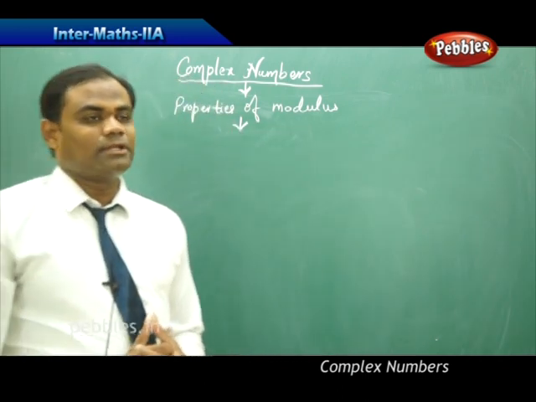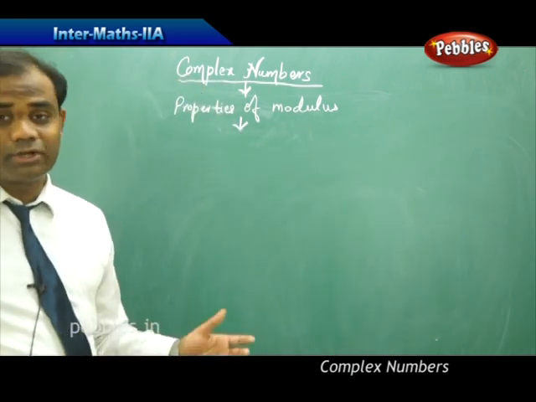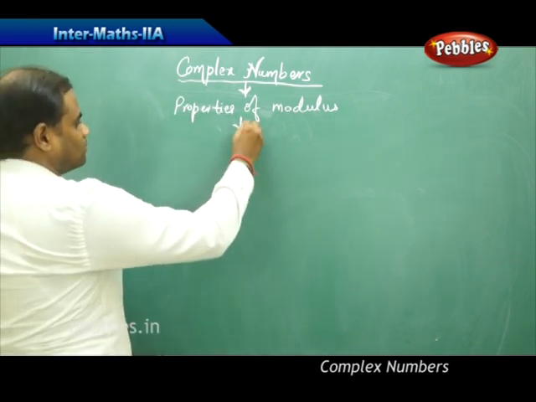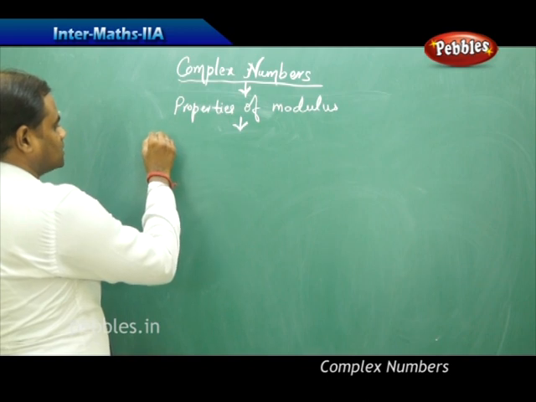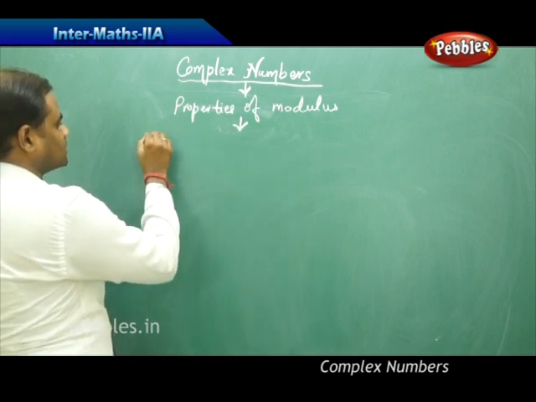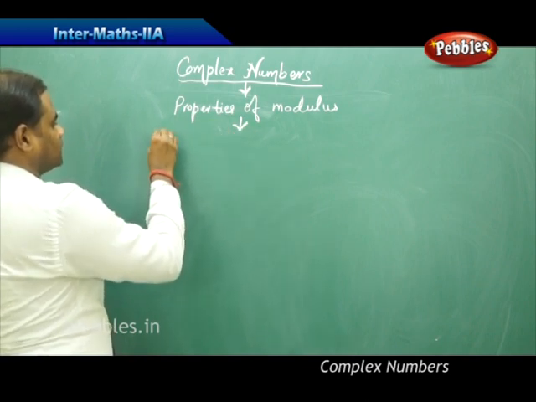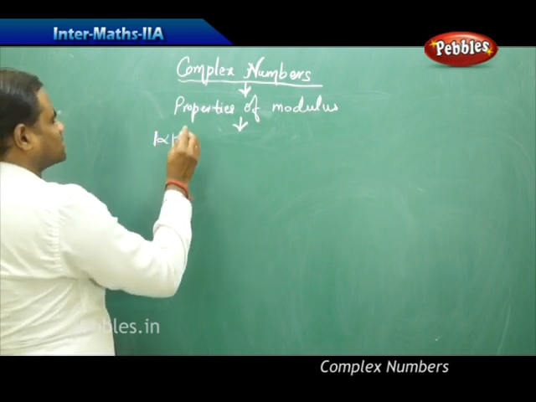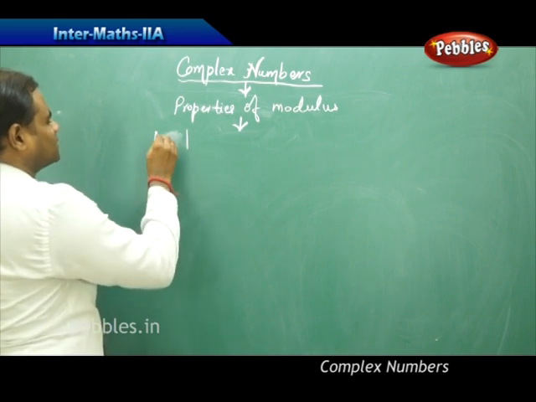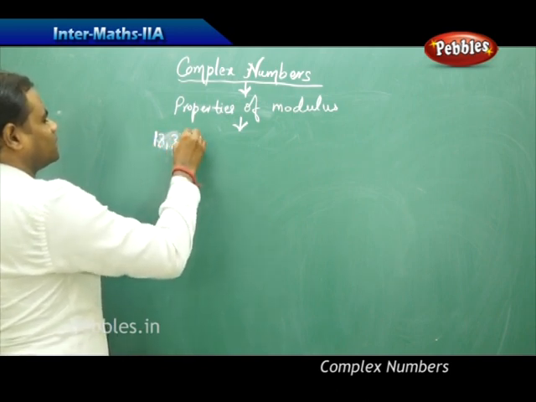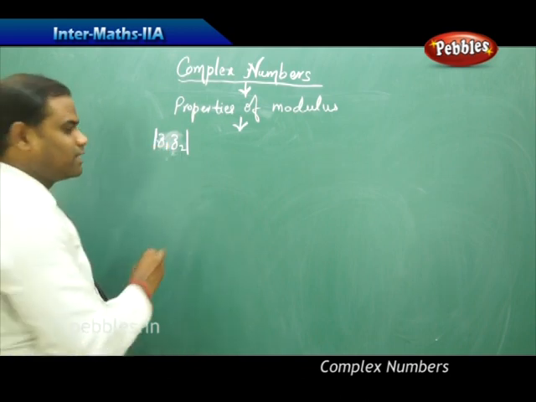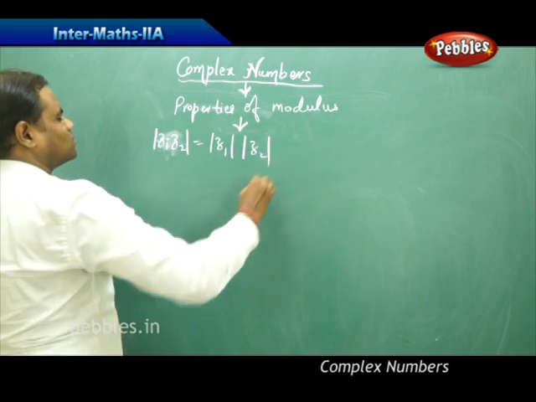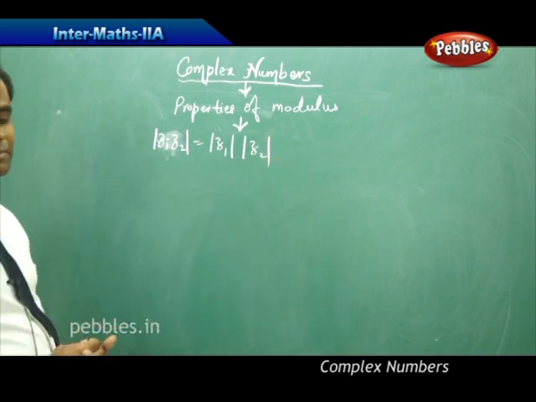So let's see some properties of modulus connected with conjugate of a complex number. So now that we have discussed conjugate of complex number, initially the first property has already been discussed, and now the first thing I discuss here is mod of the two complex numbers, if I take z1 and z2, then mod of z1 into z2 is mod z1 into mod z2 is what we get for the first property.